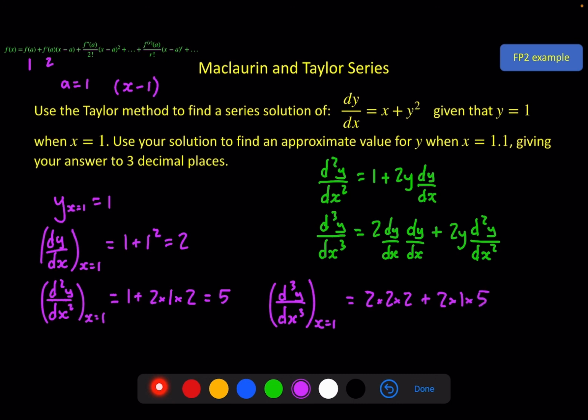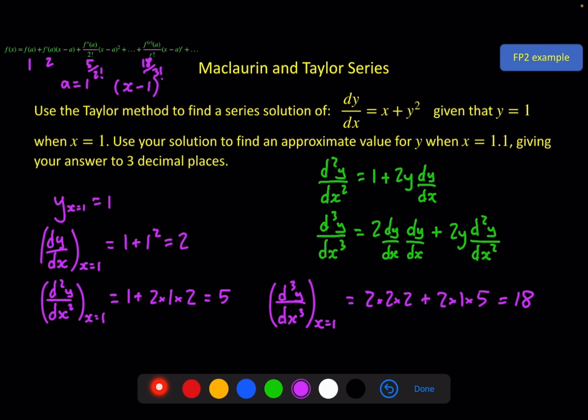So that gives us 8 plus 10, which is 18. So we've got our second order derivative, that was a 5, that's here, 5 over 2 factorial, and then we've got 18 over 3 factorial for the next term.